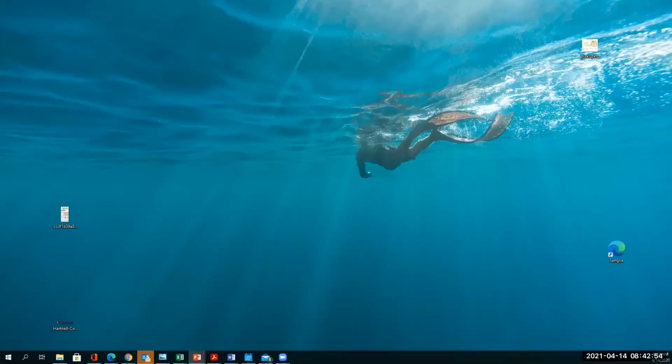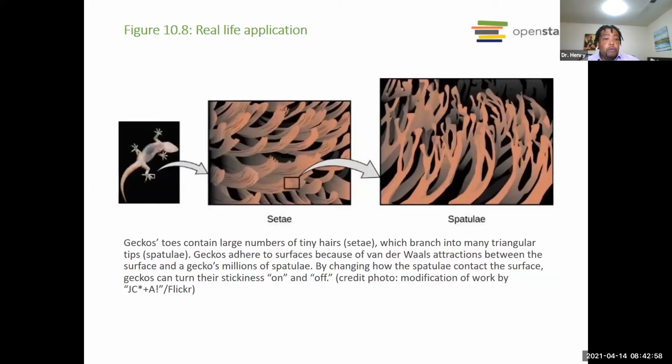Okay. So if we look at real life, there's the gecko, right? So if we actually take a look at the gecko's foot, it has setae, which are just little tiny hairs, right?